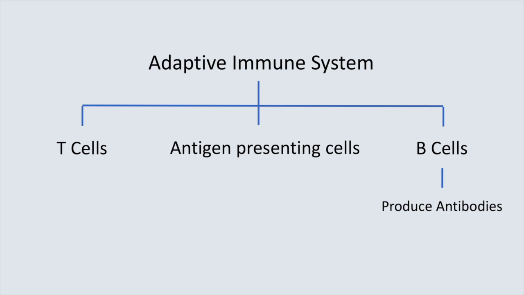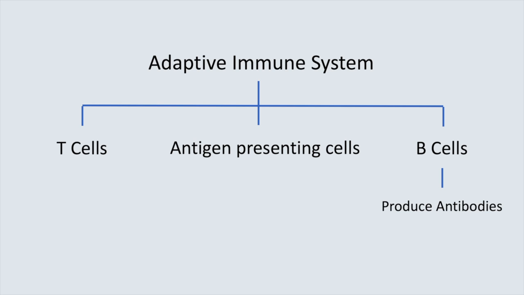So if we look a little bit closer at the adaptive immune system, we would see that there are more or less three main classes of cells. We have our T cells, our antigen presenting cells, and our B cells. Now, again, each will be important for fighting off SARS-CoV-2 or the disease COVID-19, but we want to focus in for this talk just on the B cells or the B lymphocytes.